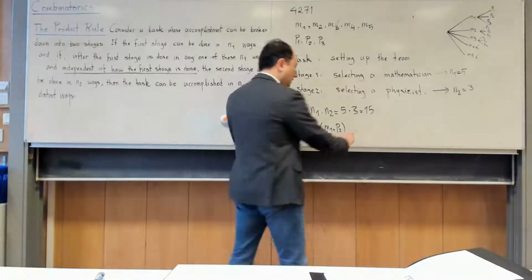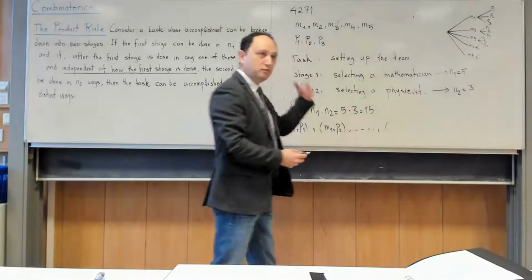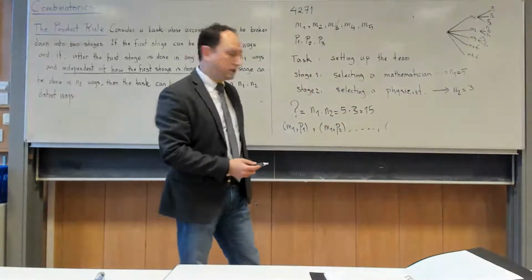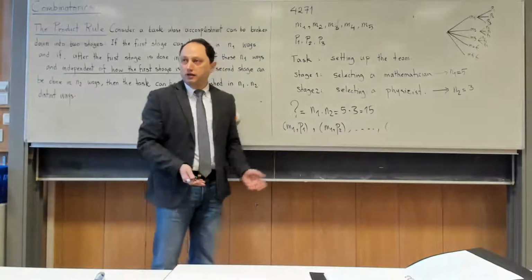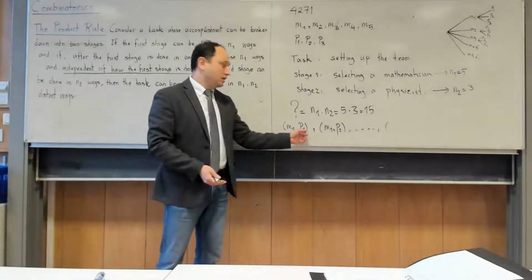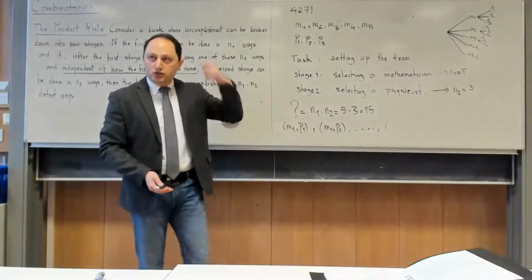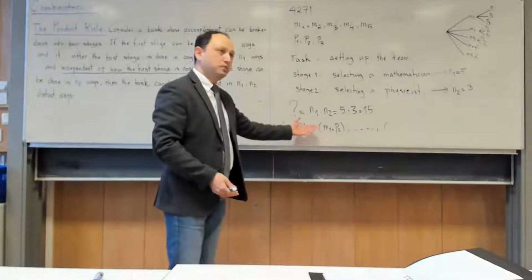And then I can continue this list. I want you to understand what you are counting from an abstract point of view. You are actually counting the number of ordered pairs in which the first component is a mathematician and the second component is a physicist.